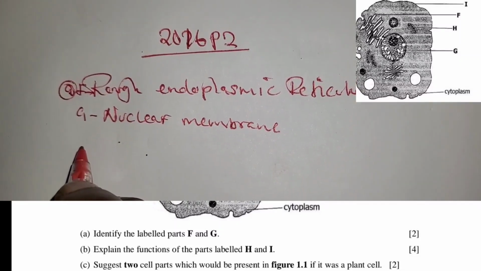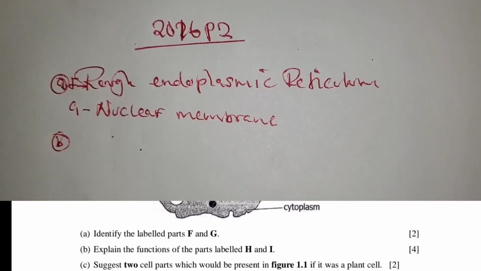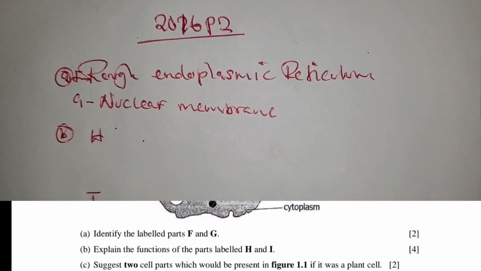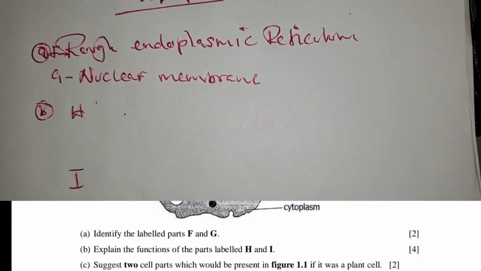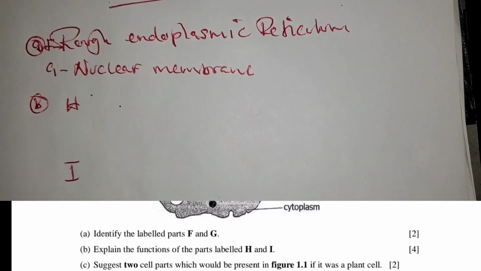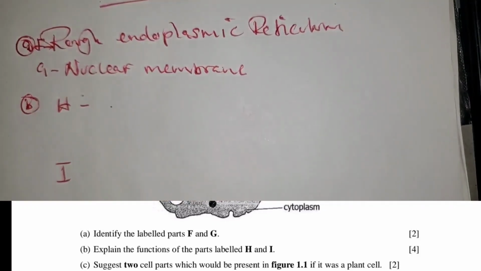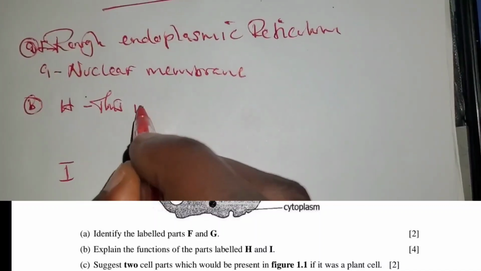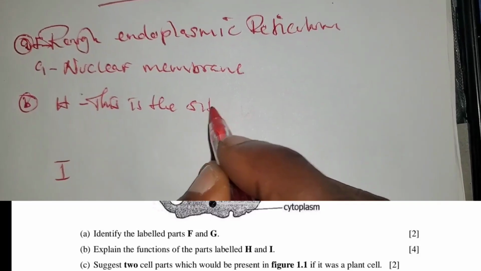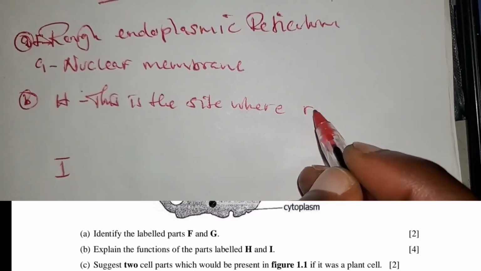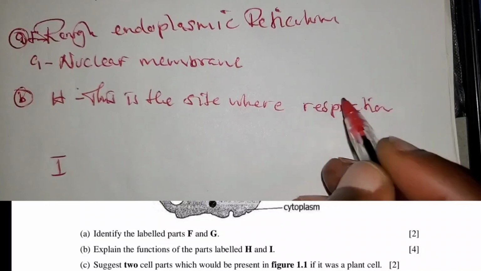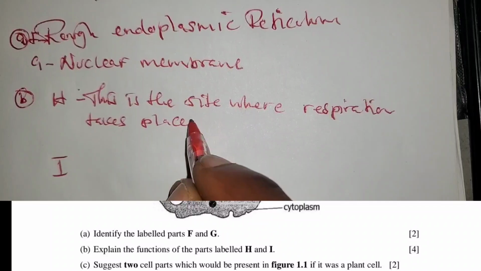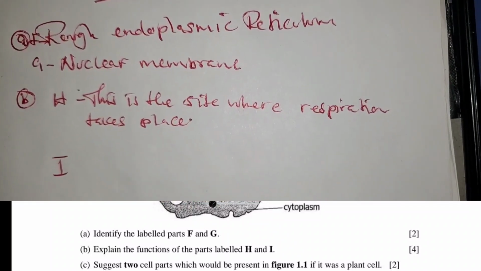Then question B is saying, state the functions of parts labeled H and I. So you can say H, this is the site where respiration takes place. Okay, these sausage like structures.